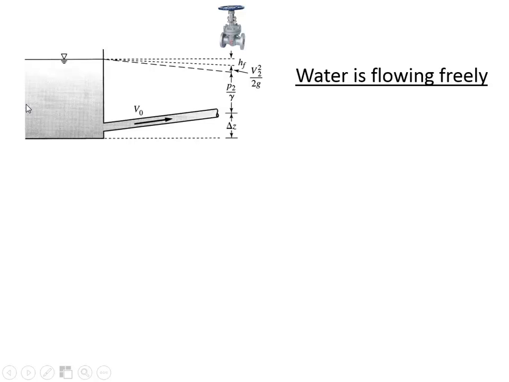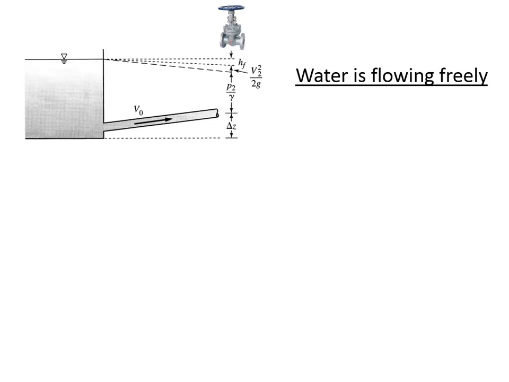The total head in the reservoir is just the height of the water, because remember that head is the sum of three things: the velocity head, the pressure head, and the elevation. Since there's no velocity and no pressure at the top of the water surface in the reservoir, it's just the water elevation that has to do with the total head that's there.